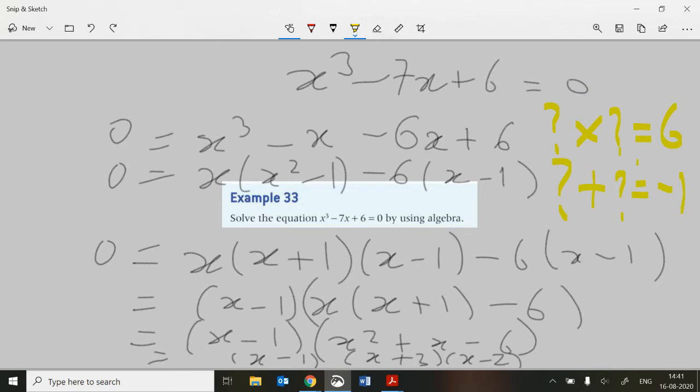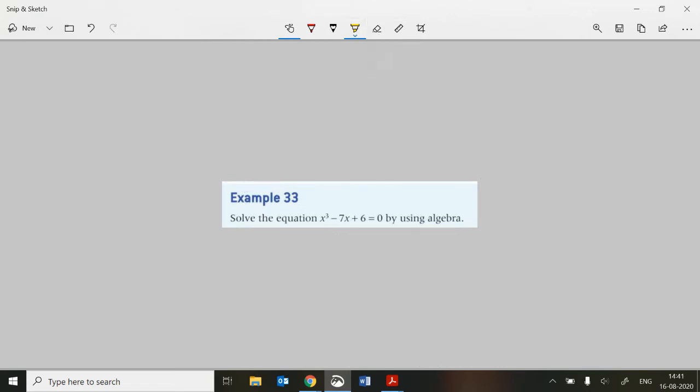So, what would I promote for this question? I would think that if this one factorizes, and we're expecting it to in this case, because it's telling us to use algebra, we've got to think about what our possible factors are. Possibly in the exam it might say through factorization, but if we're going to factorize this, we know that we're going to get brackets where we'll have x, x, and x.